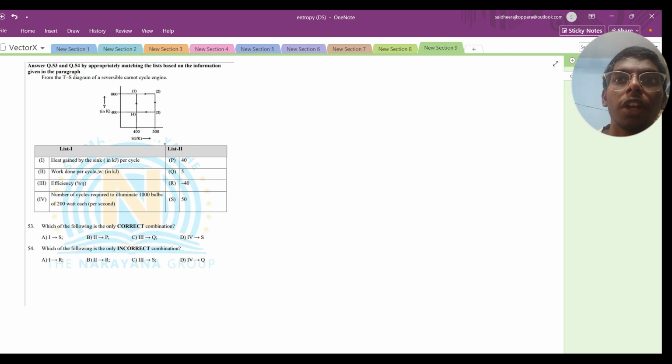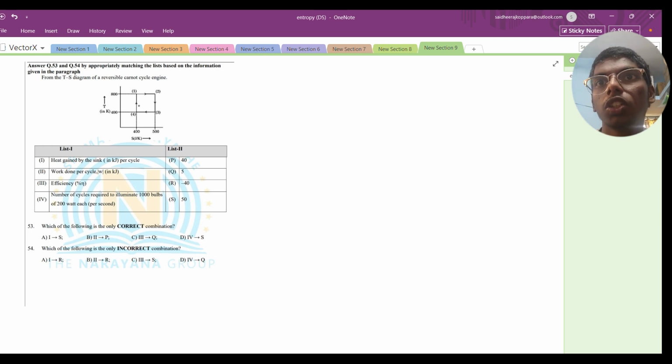If it's isoentropic, then dq is 0, right? So anytime, while solving thermodynamics questions and looking at a graph, first identify the process, which makes your work so easy that you can complete the question in very little time.